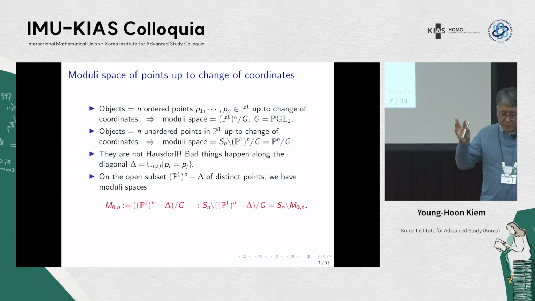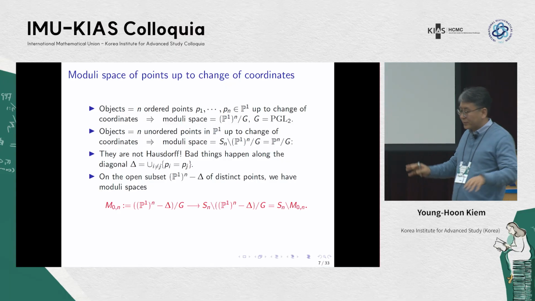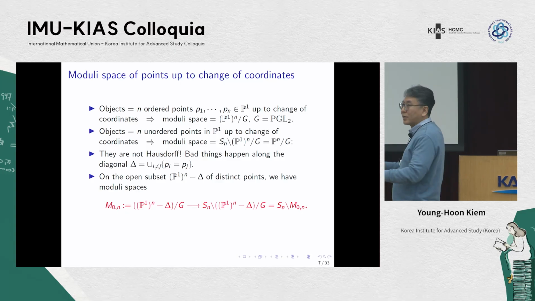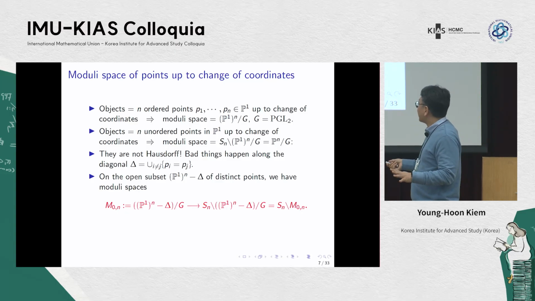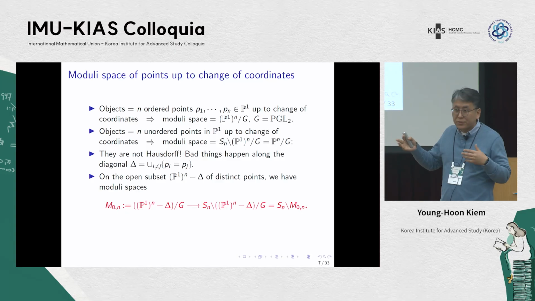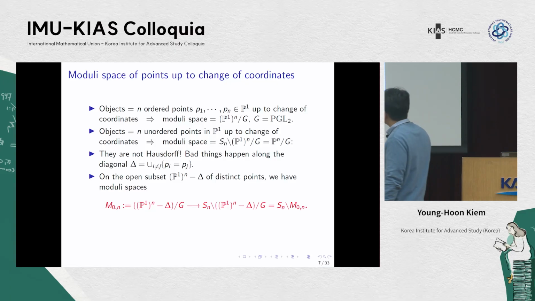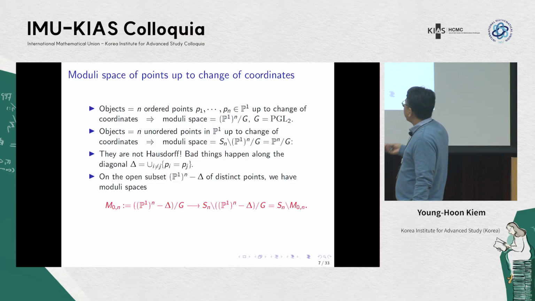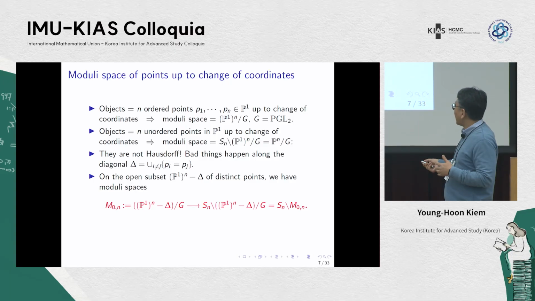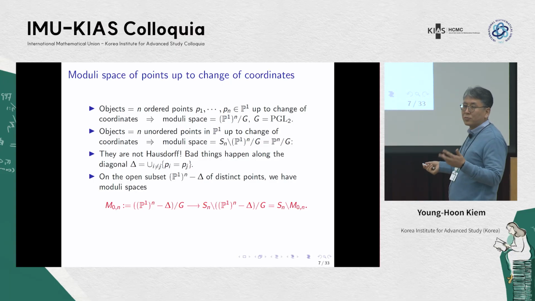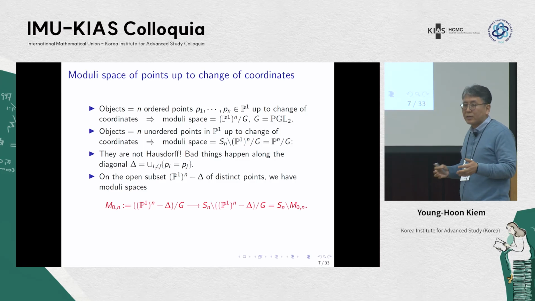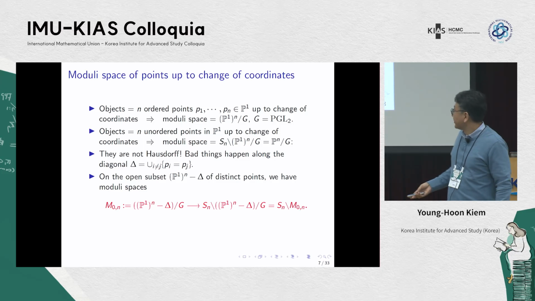So for the moduli space of ordered points, or unordered points, as long as they are disjoint, we have this nice moduli space. This is one of the main objects of interest in mathematics in many different areas. So in the rest of my talk, I'll be interested in the compactified moduli space of M0n. I want to compactify this way.